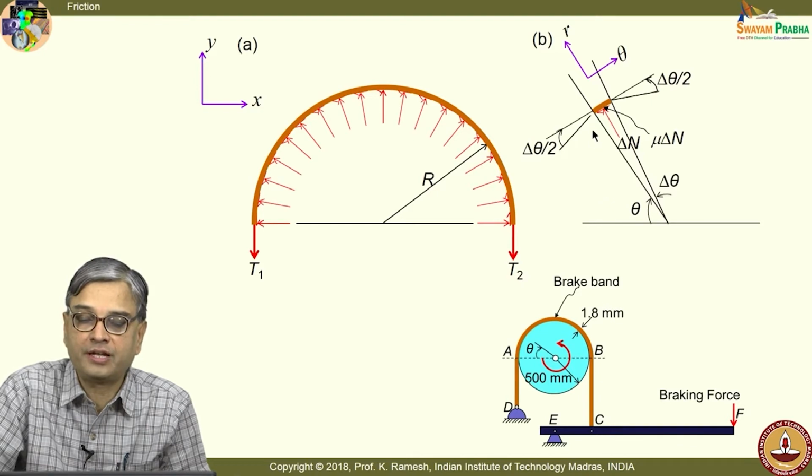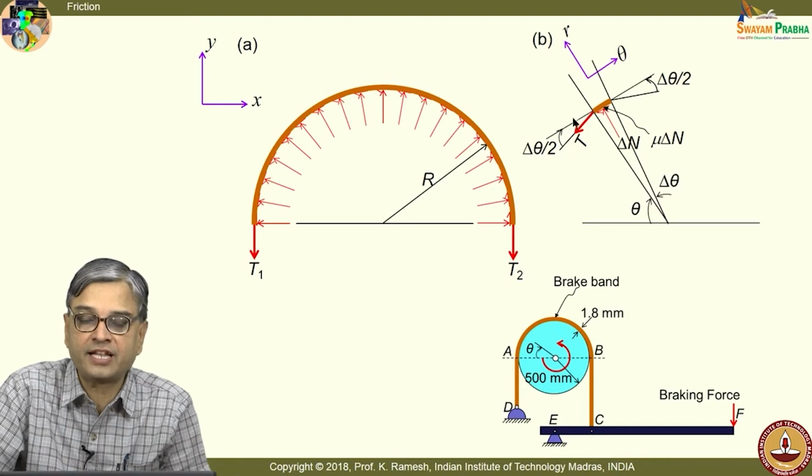Now, I will put the tension. This segment is taken as delta theta. If I put the normals on these faces, they will be oriented at an angle delta theta by 2.